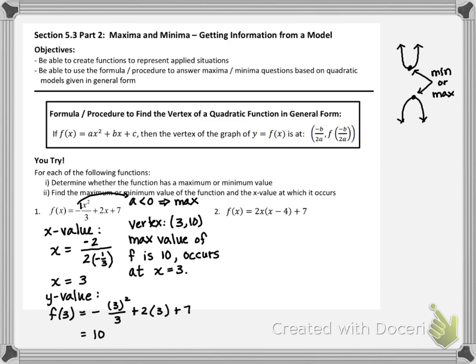So you guys try the next one. Notice that in order to use the vertex formula, you guys are going to have to put this in general form. So you'll have to distribute that 2x first, and then use that same process. So make sure you ask yourself first if it's a max or a min, and then go ahead and find that vertex.